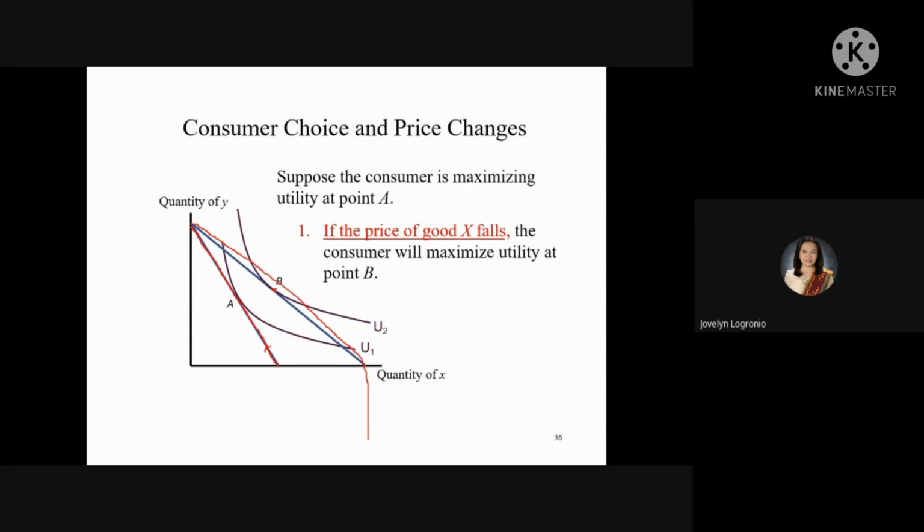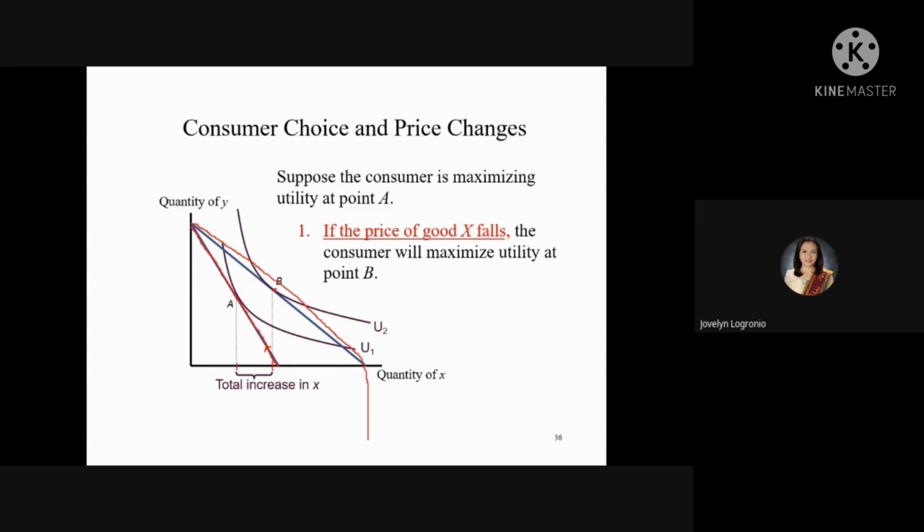So, again, if we decompose the two effects, by substitution effect, tumaas yung quantity of X. And by income effect, tumaas din yung quantity of good X as the price of good X falls. So, the total increase in X is equal to this area in the diagram, from here to here.